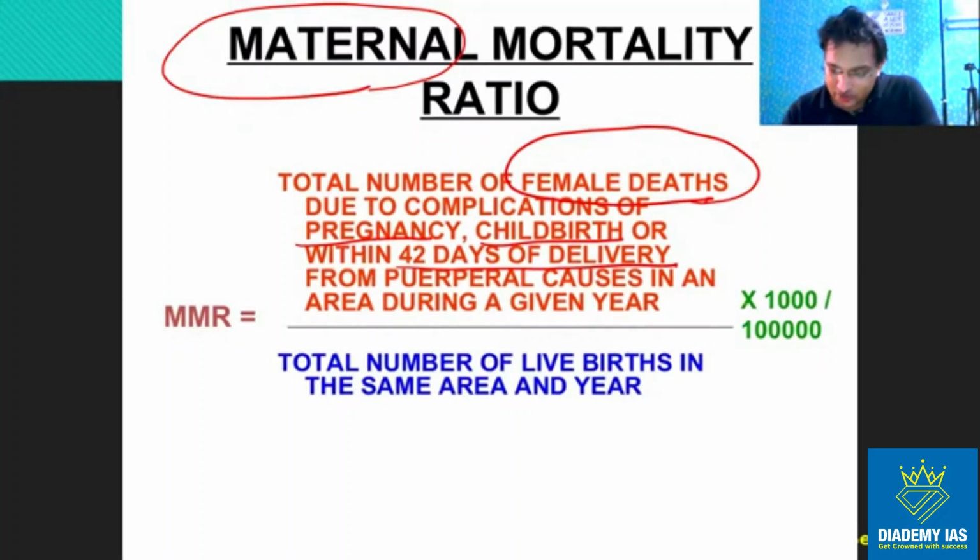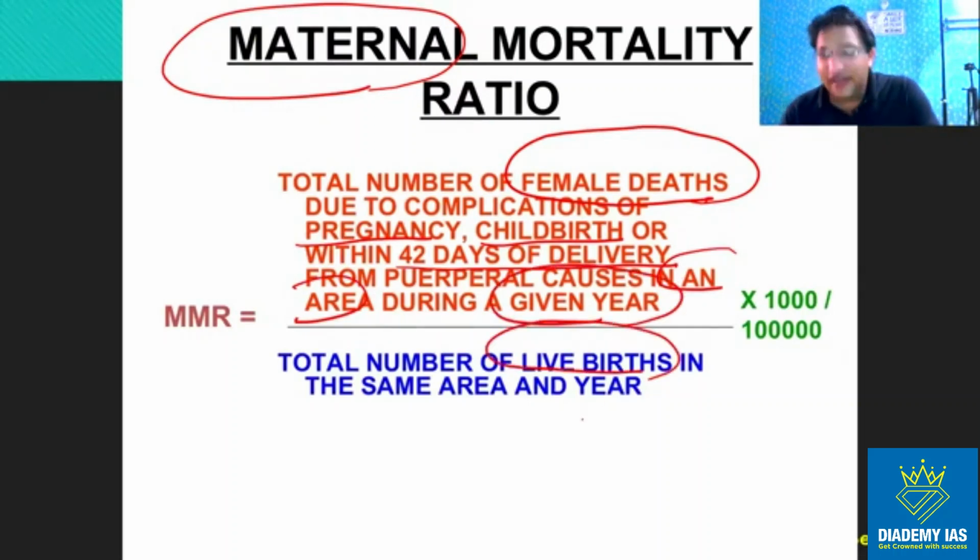From puerperal causes in a year in a given area, for example in India or in Uttar Pradesh, in Delhi, during a given year, divided by the total number of live births in the same area and year, right? And it can be per 1000 also, it can be per lakh also, right?